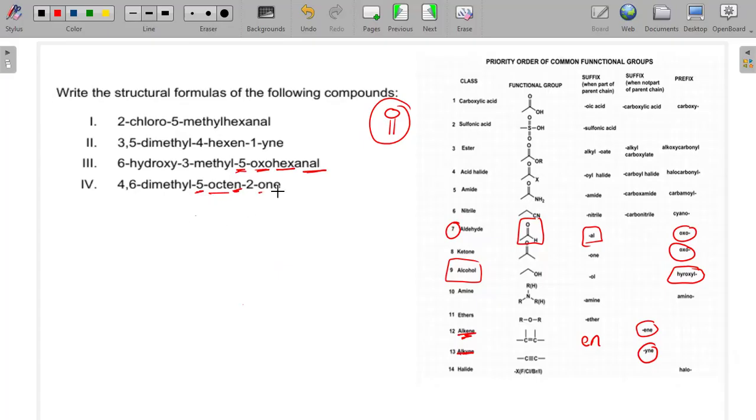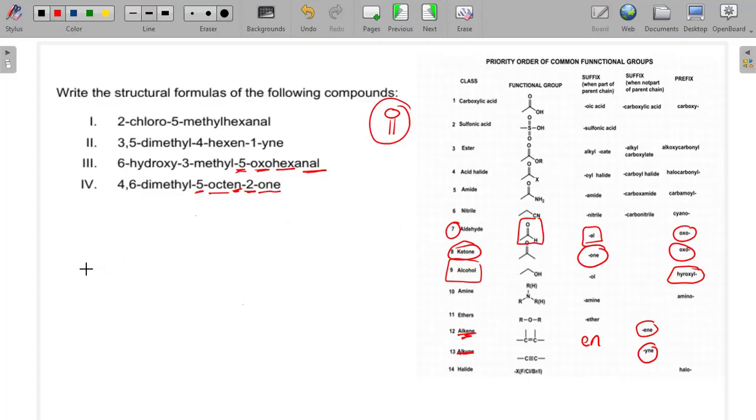And then we have 2-one. So for a ketone, when it's a parent name, it carries a suffix name of "one", it ends with "one". So it means that we are having a ketone here, right? And this 2 tells us the position where the functional group is. So at carbon number 2, that's where we're having a functional group.